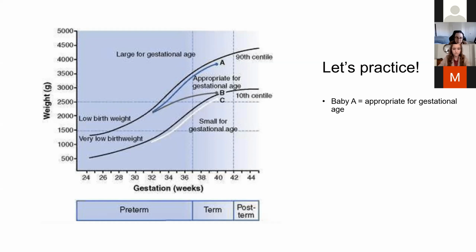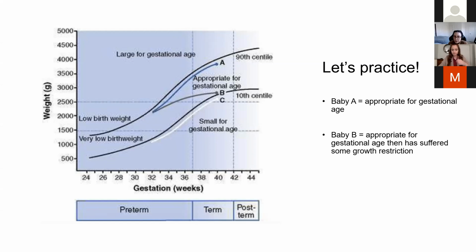So this baby, we can assume that this baby was trending fine, but instead of following that trajectory of presumably like an 80th centile, it's now crossed and is around the 10th centile. So it's crossed multiple centiles and therefore is bad. It has suffered some sort of growth restriction, and we would call this an IUGR baby, correct?